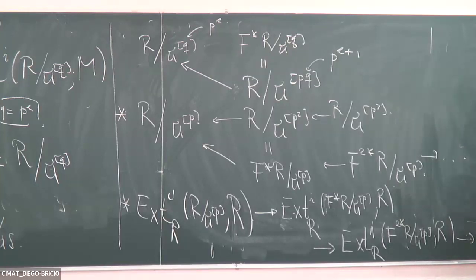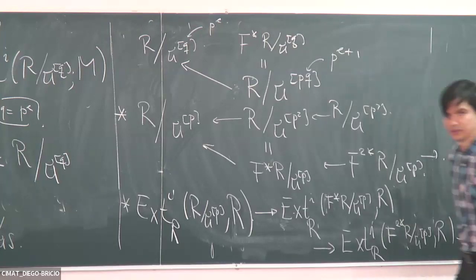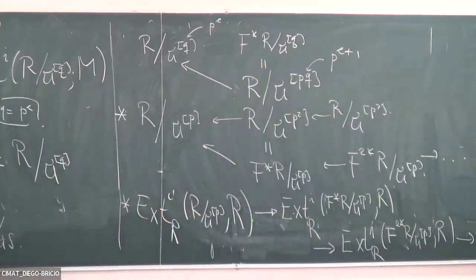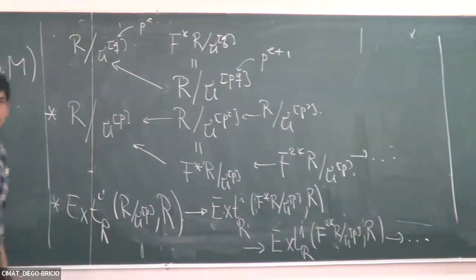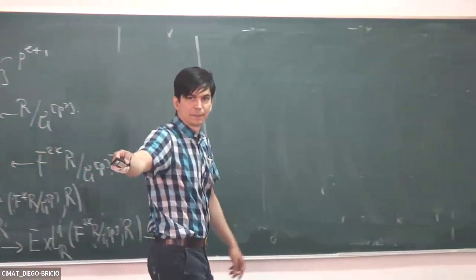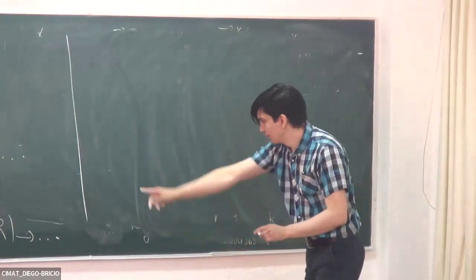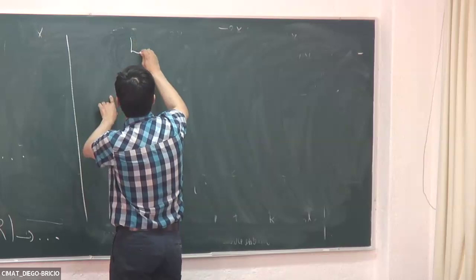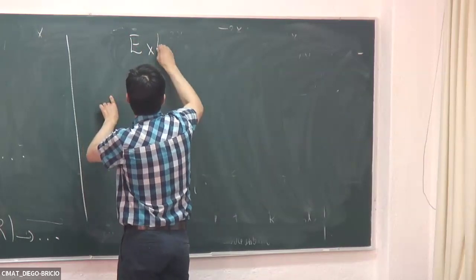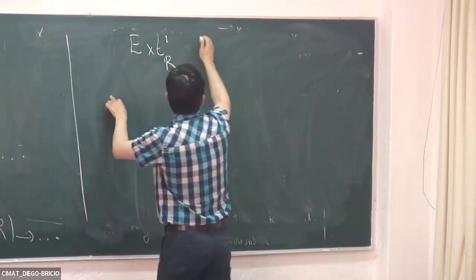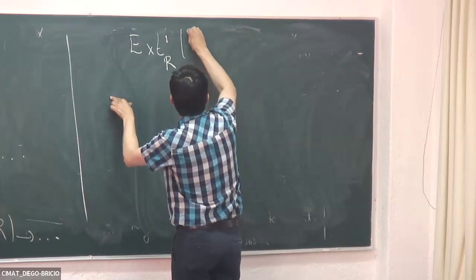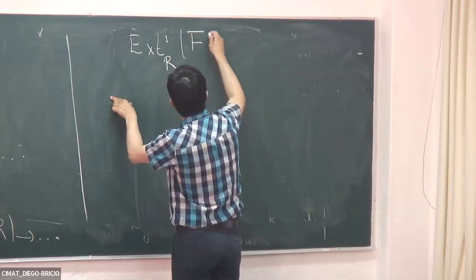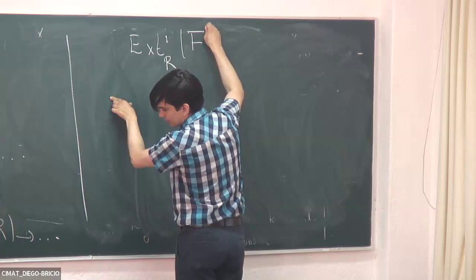Now, look at what is the object here, right? We're going to have x, I, R of the pullback.